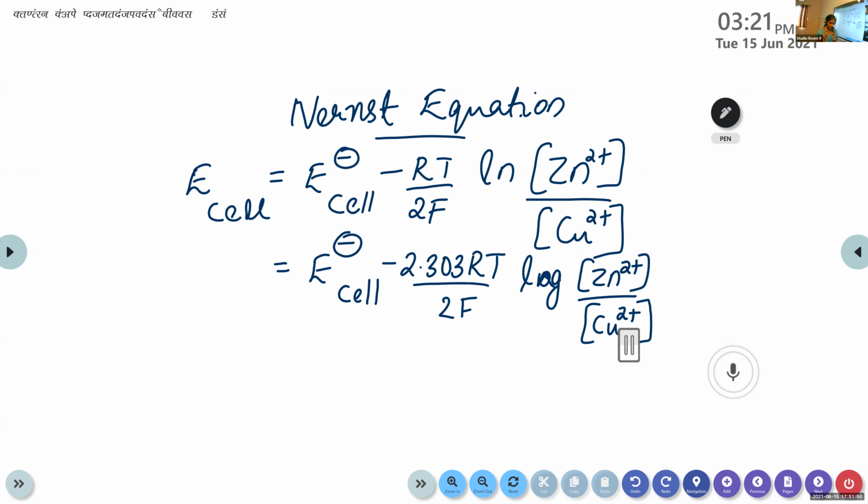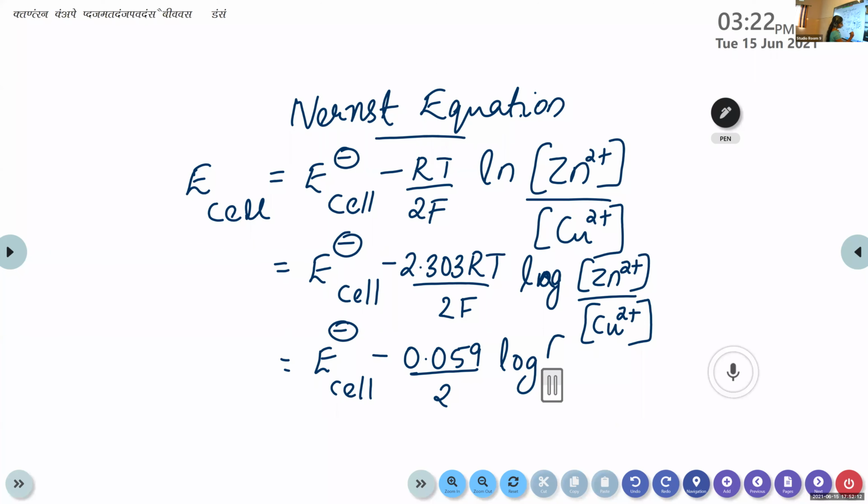It is 96,487. After substituting all these values, this equation becomes E cell equals E° cell minus 0.059 divided by 2 log of the concentration of Zn2+ divided by the concentration of Cu2+. Okay.